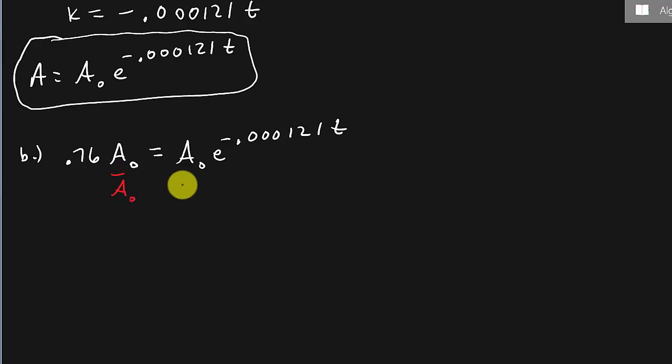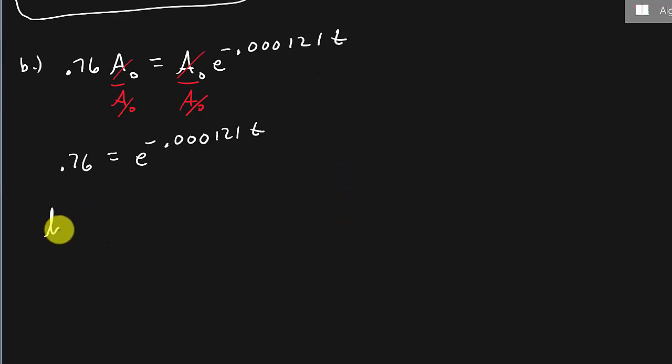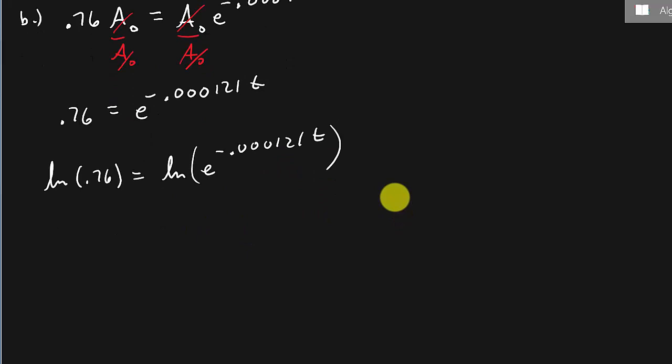Once again, we're going to divide both sides by A0, and the A0s will cancel. I'm left with 0.76 equals e to the negative 0.000121t. Now I take the natural log of both sides. That gives me the natural log of 0.76 is equal to negative 0.000121t.